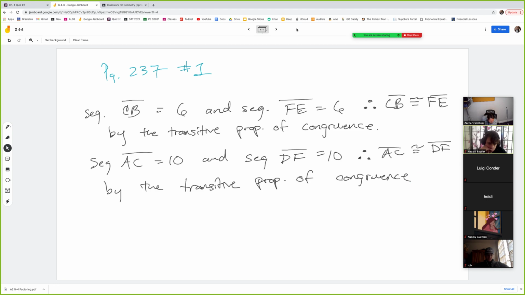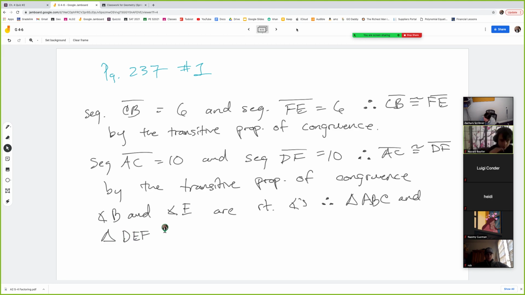Okay? Then we can say, because we have a hypotenuse and a leg, we can say angle B and angle E are right angles. Therefore, triangle ABC and triangle DEF are right triangles. Okay?